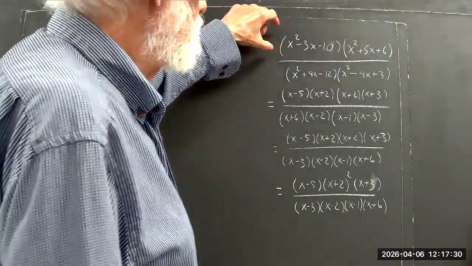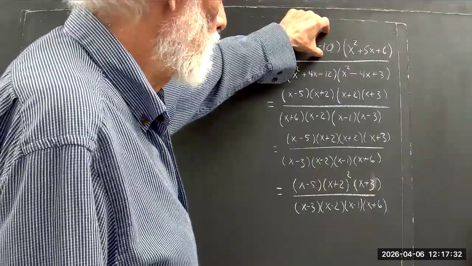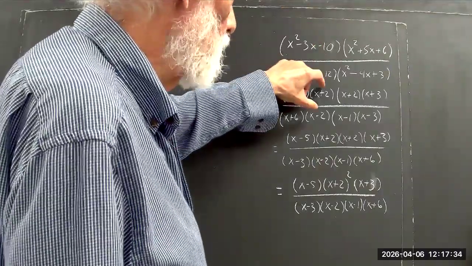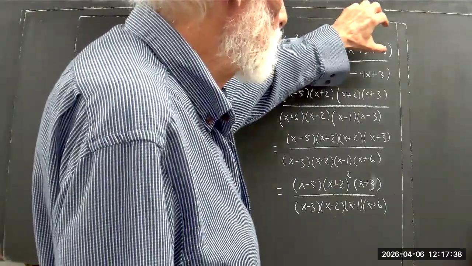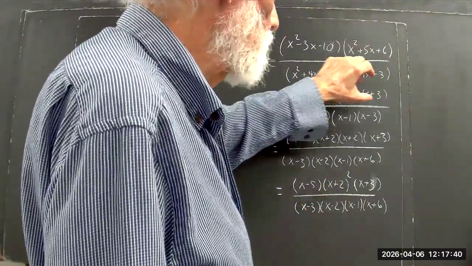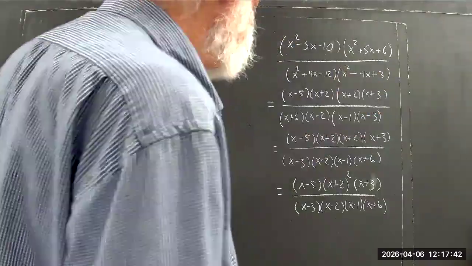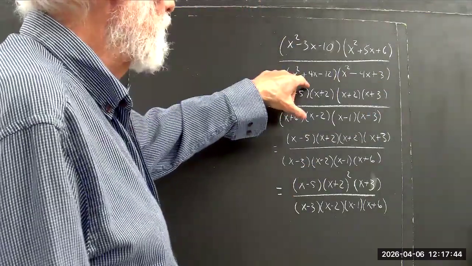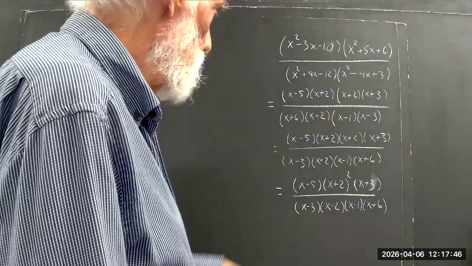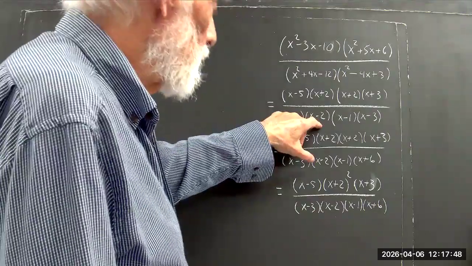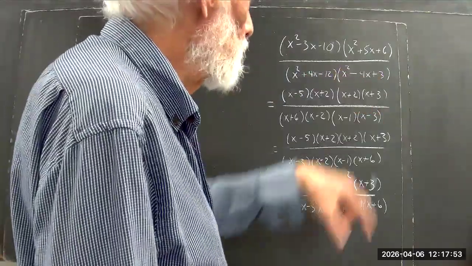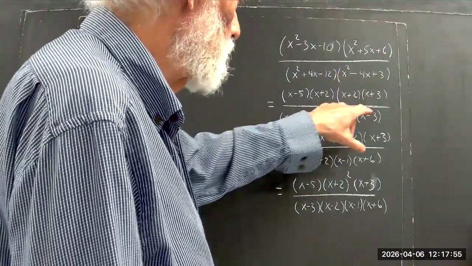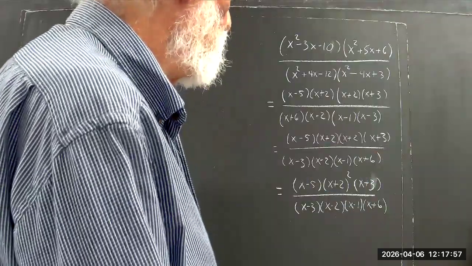We factored x squared minus 3x minus 10 in the numerator and got x minus 5 times x plus 2. Factored x squared plus 5x plus 6 in the numerator, got x plus 2 times x plus 3. Factored x squared plus 4x minus 12 in the denominator, got x plus 6 times x minus 2. Factored x squared minus 4x plus 3 in the denominator, got x minus 1 times x minus 3.